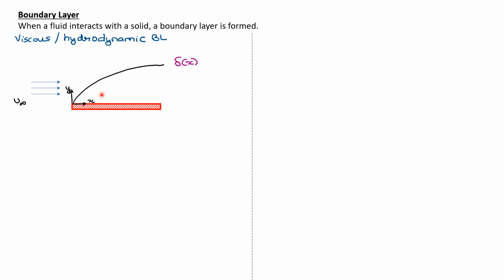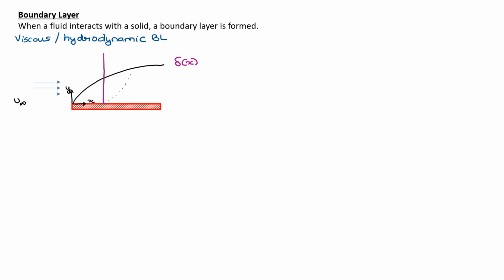It's usually denoted by delta of x, where x is the distance from the tip of the plate, and delta being the thickness of the boundary layer at that particular x. At a particular x, the velocity at the surface of the plate will always be zero because of the no slip boundary condition, and it will gradually rise.